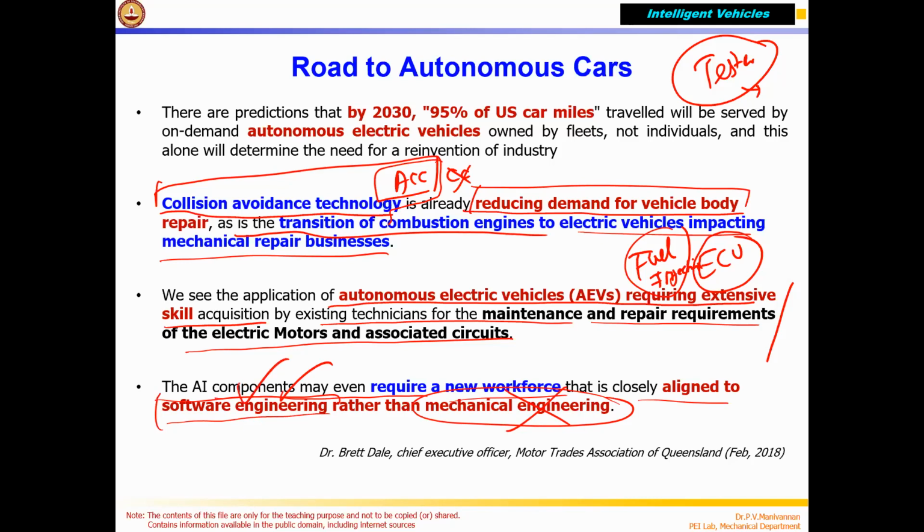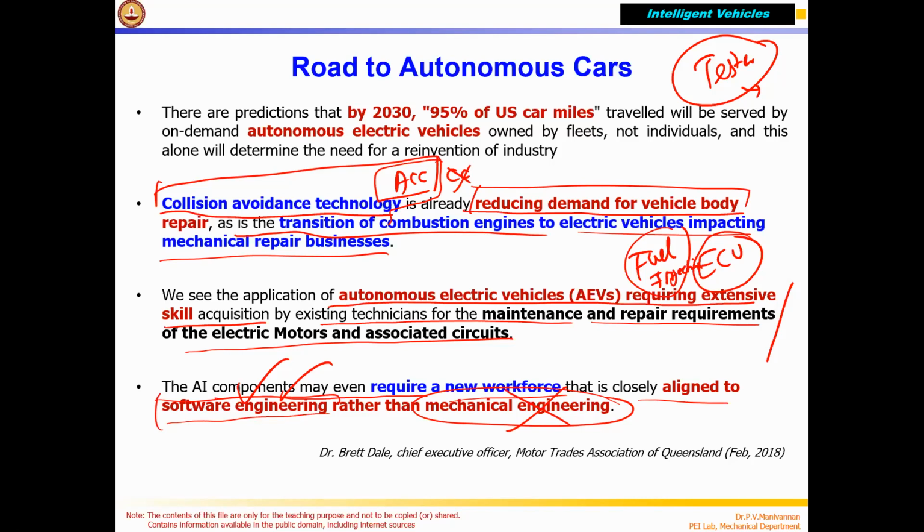So what I want to say, this is the last, I will stop here. What I'm saying is you can no longer say that I am a mechanical engineer, I am an automobile engineer, I don't understand sensors, I don't understand software. When we say that, sorry, it's very difficult, all these things. If you go on telling this, you will be pushed away by a fellow who is ready to learn software, who is ready to learn electronics, who is ready to learn about sensors, being a mechanical engineer.